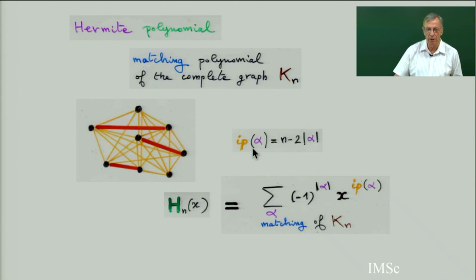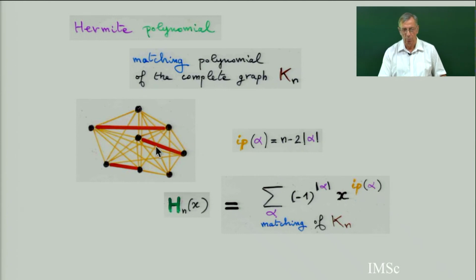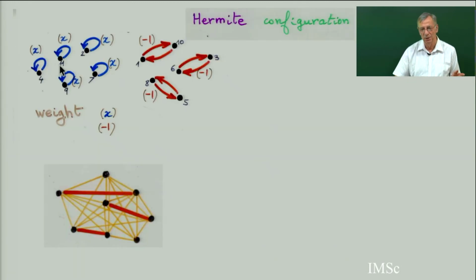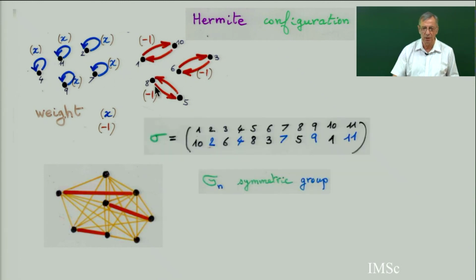So again, the number of isolated points. In fact, the matchings of the complete graph, if you prefer permutations, the symmetry group, or if you prefer group theory, are in bijection with Hermite configurations. For a Hermite configuration, you take the symmetry group denoted by sigma n and a permutation written like this.